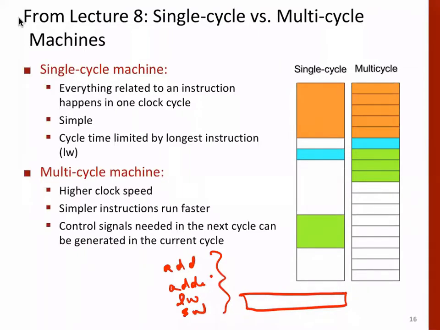Okay, so basically, it will be something like this. And in one cycle time, all phases of instruction execution must complete.